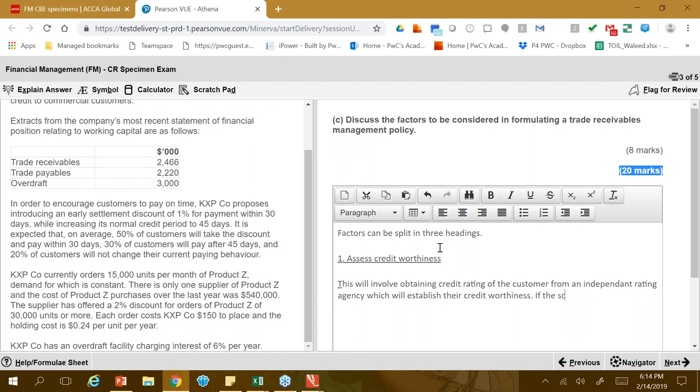If the scores are good, it means the customer is creditworthy. And that's it. This is 1 mark. 1 mark for explaining the point well.